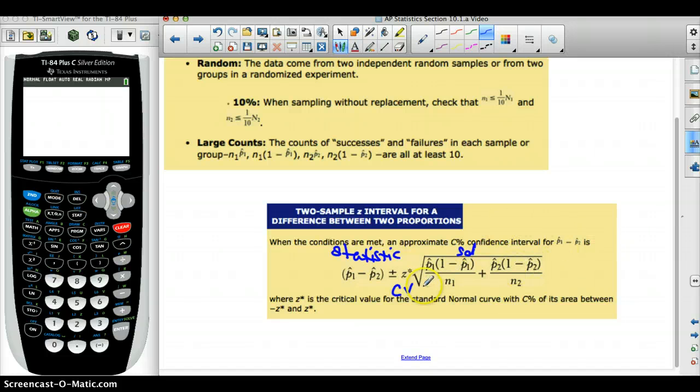Remember that this is also considered your standard error, if you're asked to find that. It's just using, again, p times 1 minus p over the sample size, but we're adding it to the second set of information. Remember, z star is the critical value for a standard normal curve, with its area being between negative z star and positive z star.